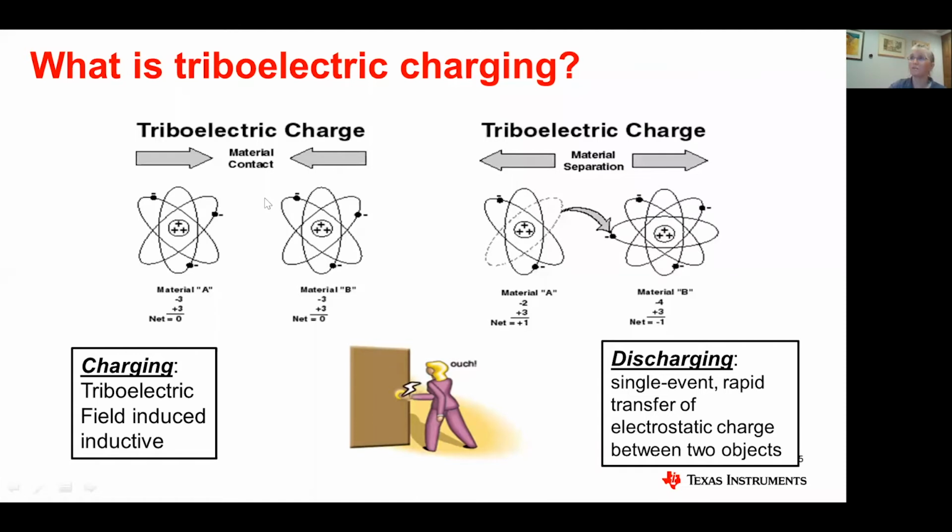When two objects come into contact and then subsequently separate, and one of those objects becomes charged, that is triboelectric charging. The subsequent discharge, when that charged object discharges to a ground or something of a different potential, is where the destructive event happens. The charging does not cause damage, but the discharging is where we see that rapid single event, rapid transfer of energy, where you might feel a spark.